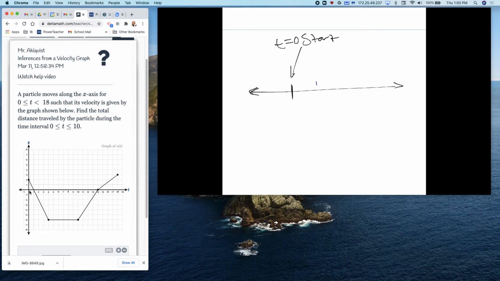So when t equals 1, this distance that we traveled was 1. Now what happens? Now from 1 to 14, we go back the other way because all of this is negative, which means we start going this way, all the way to when t equals 14. This space represents this area underneath this curve.